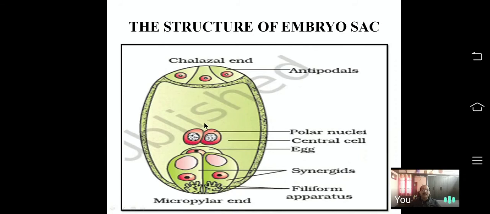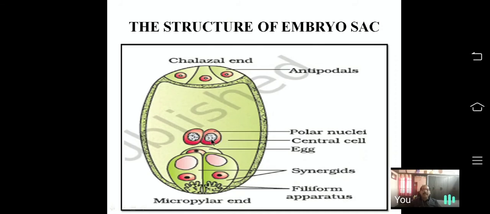Here at the middle of the embryo sac, there are only 2 nuclei present. These 2 nuclei are called polar nuclei. This cell is called the central cell. It will be diploid. The central cell is diploid, consisting of 2 polar nuclei.